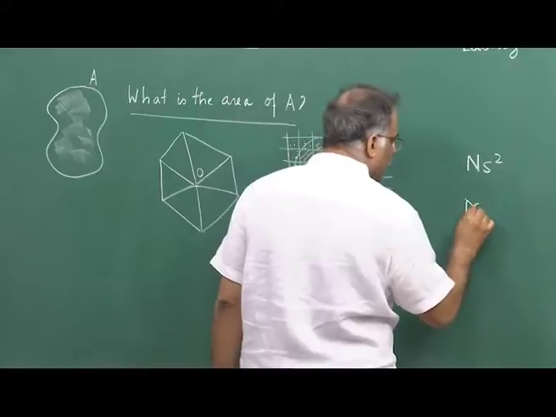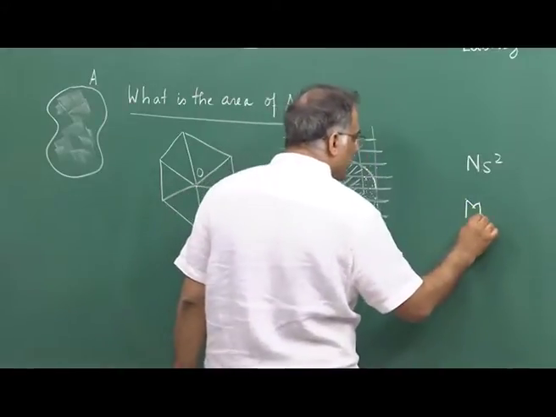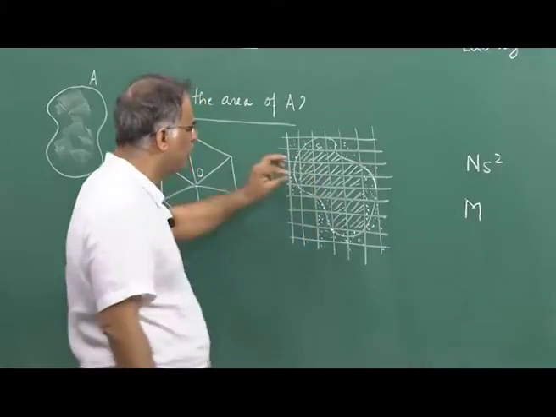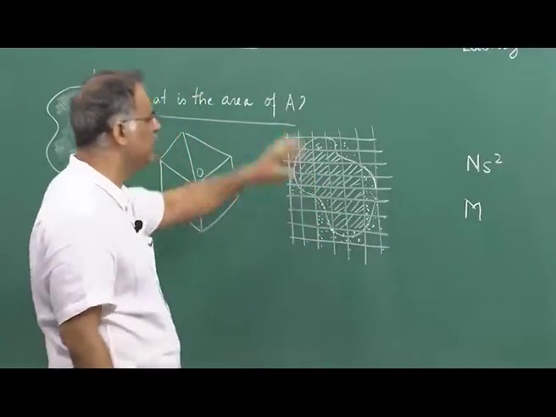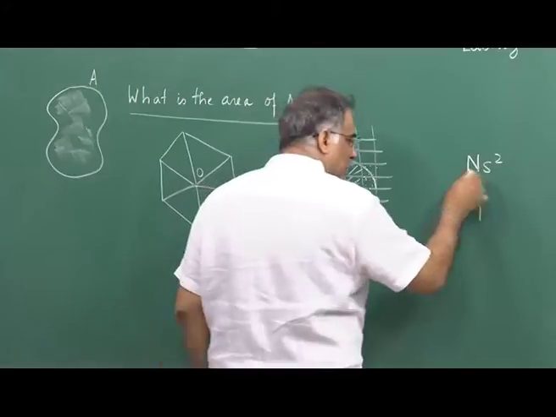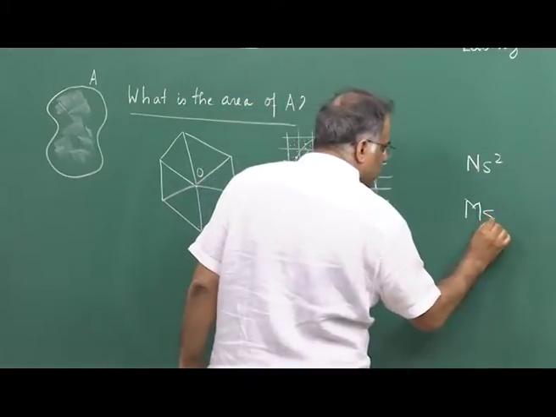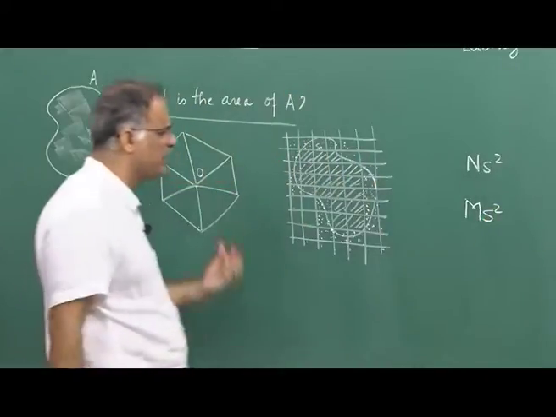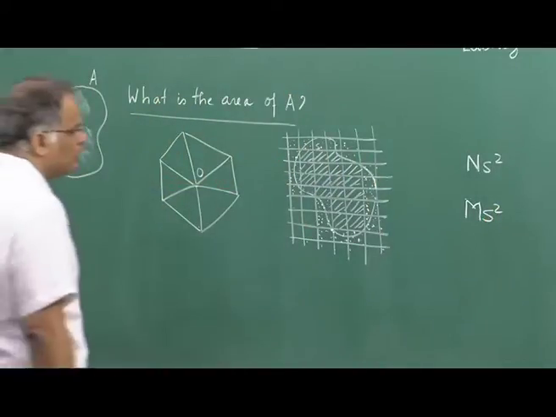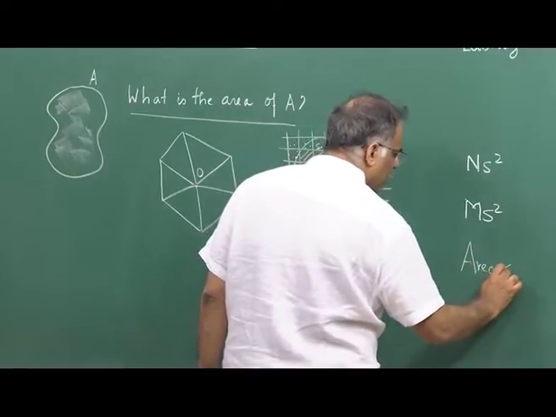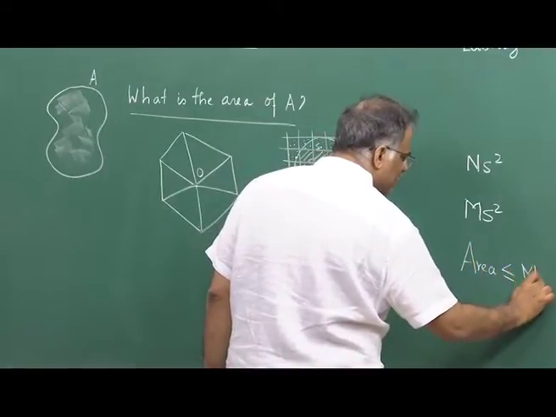So, m is the number of total square blocks which are intersecting with the body. n is the number of those blocks which are completely inside the body. So, this has an area ms square, where s square is the area of 1 square. So, the area of the body is bounded by these two quantities.